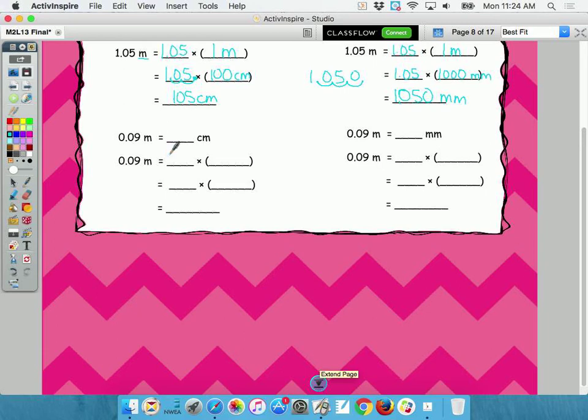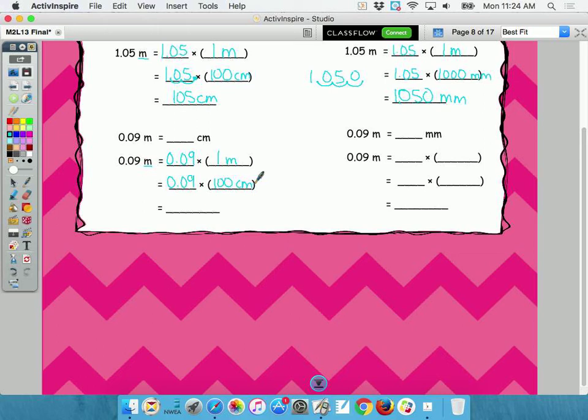So I've got 9/100 copies of 1 unit. Jesus, what is 1 unit? 1 meter. Okay. How many centimeters, Brian, in 1 meter? 100 centimeters in 1 meter.